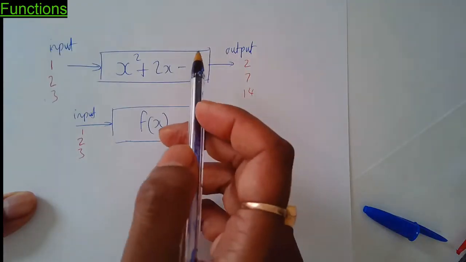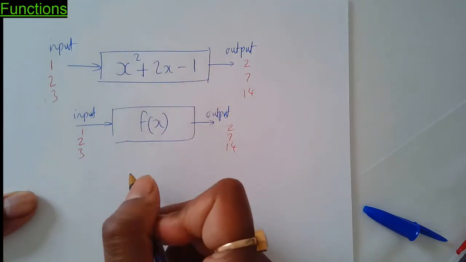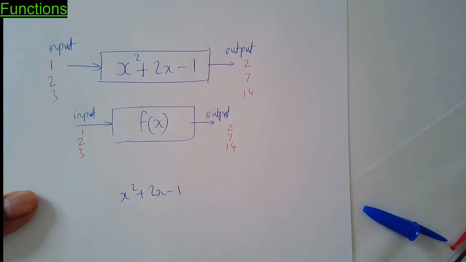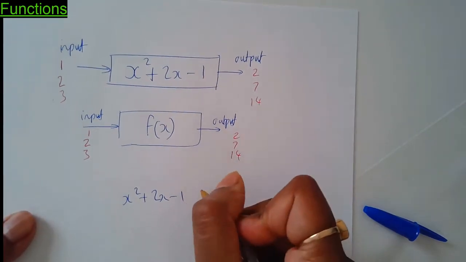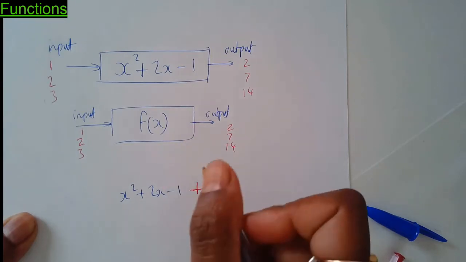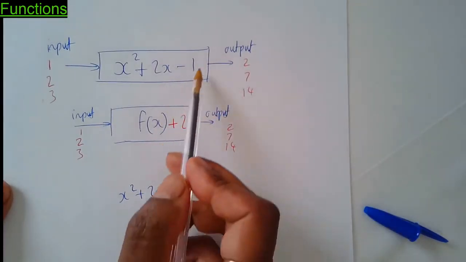Now what happens if now I change this function? I take that, but this time I'm going to add 2. So I'm adding 2 to this function here.